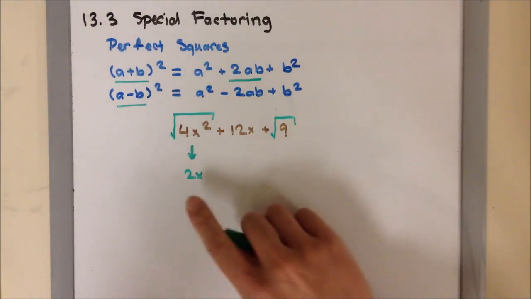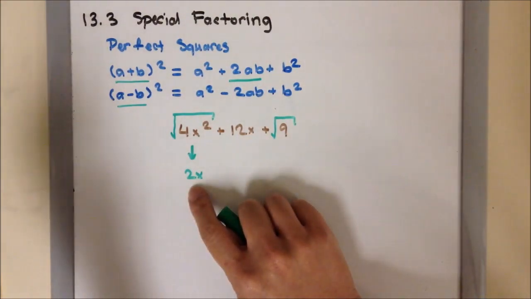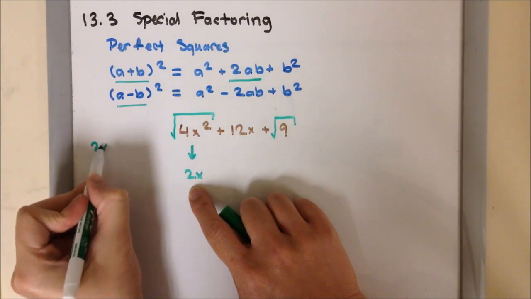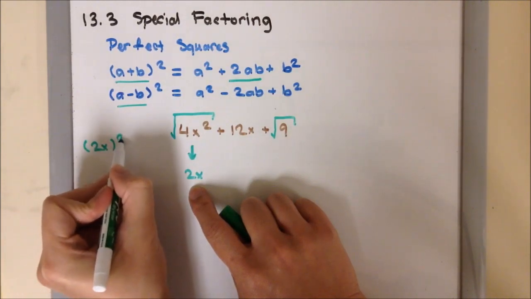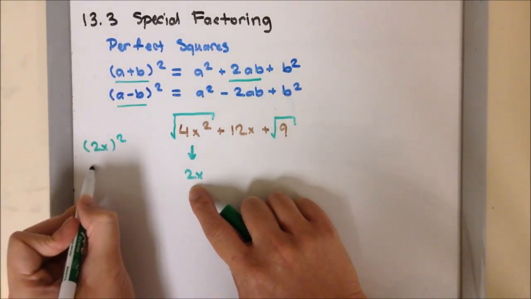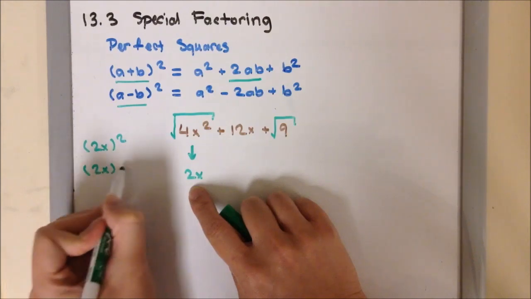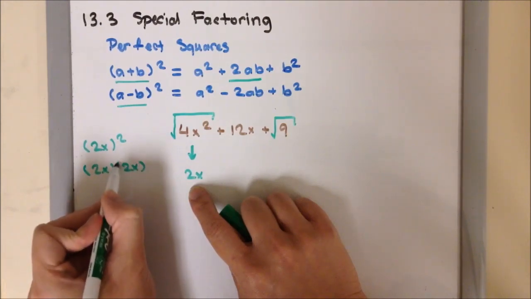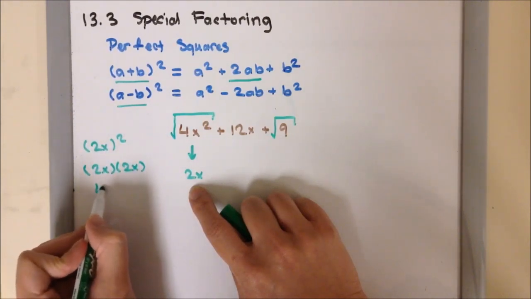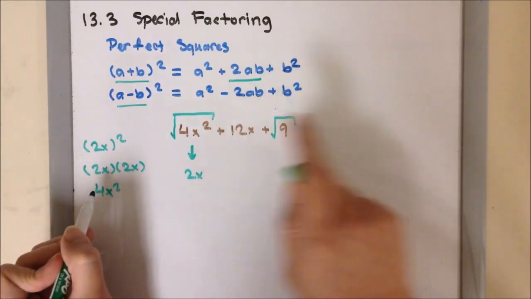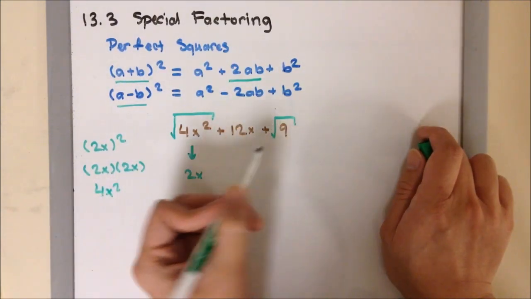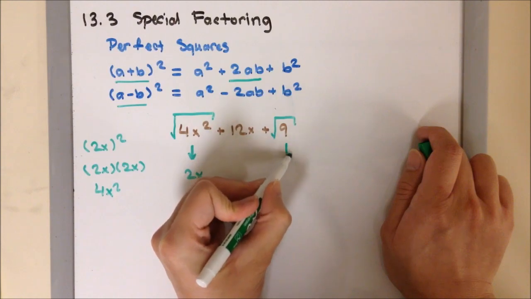But you can also just square 2x. The square of 2x is 2x times 2x, which equals 4x squared. So this is indeed a perfect square. Here I'm going to do the square root of 9, which is just 3.